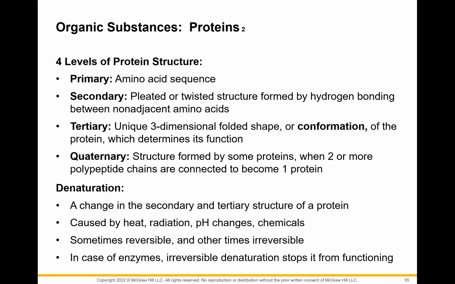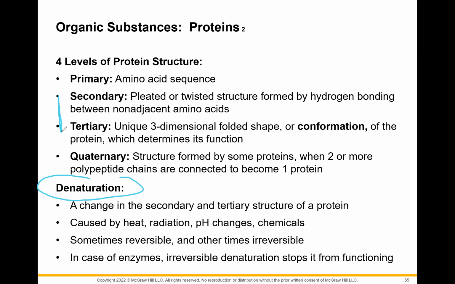But we can actually destroy proteins. And this is the term denaturation that you're going to hear. Denaturation is a change to either the secondary or tertiary structure of a protein. And usually it's caused by heat or a change in pH, whether it be really acidic or really alkaline.